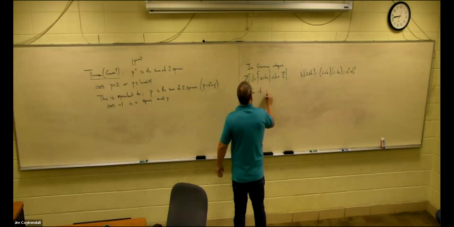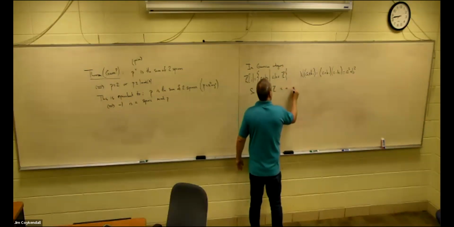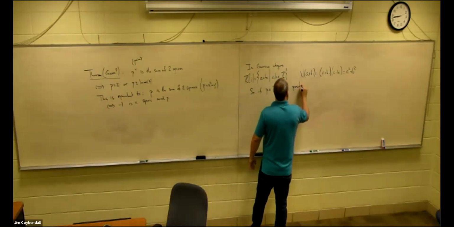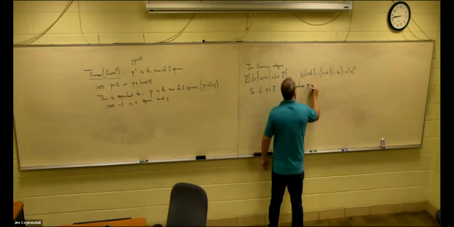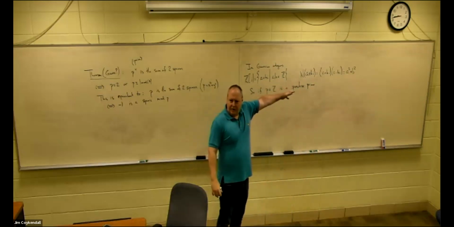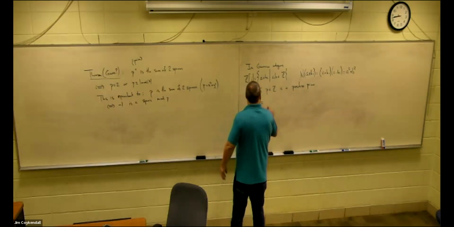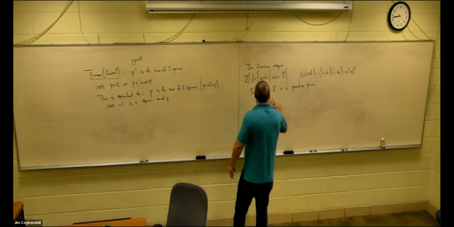So if p in Z is a positive prime, what does it mean for this to be a sum of two squares? Suppose you could write p equals a squared plus b squared.